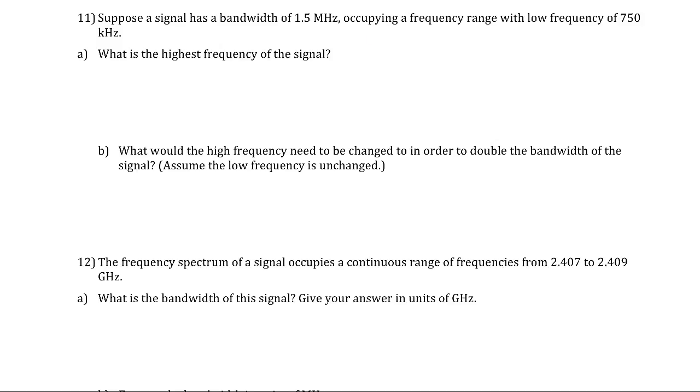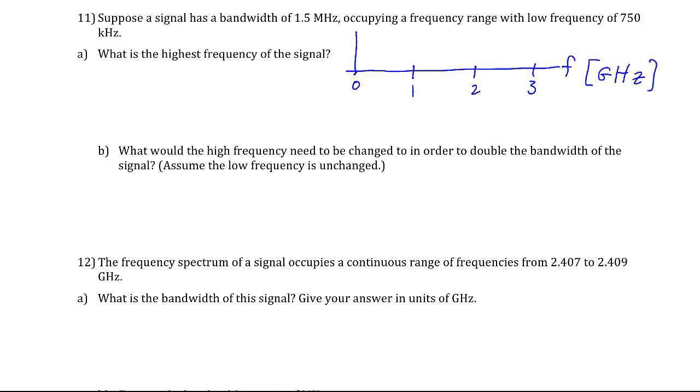I'm going to draw this picture like this. I'm going to give myself a little frequency axis, and I need up to about 3 megahertz on this picture, so I'm just going to go 1, 2, 3 megahertz. 750 is 3/4 of the way up to 1, so I'm going to divide each of these in half, and then make the 0.25 and the 0.75 hash marks on all these frequencies.